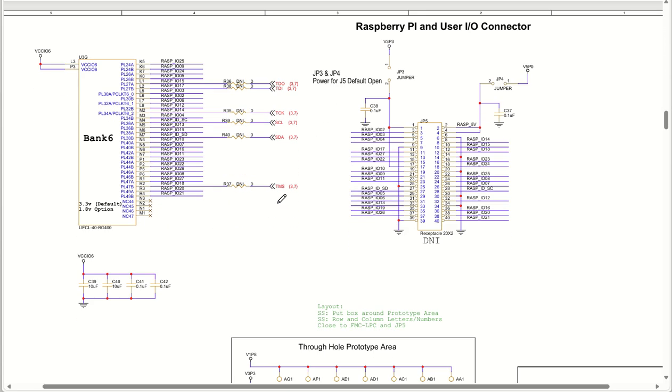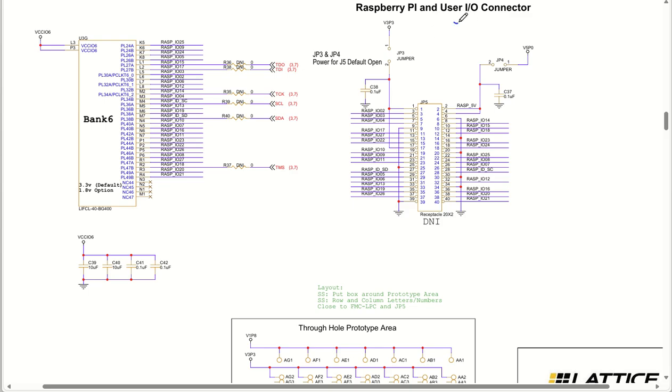As you can see, this particular sheet is going to explain the Raspberry Pi and user IO connectors. This is the particular FPGA bank, which is bank 6, and in this bank 6 we have RASP, IO2509. All these things are mentioned here.